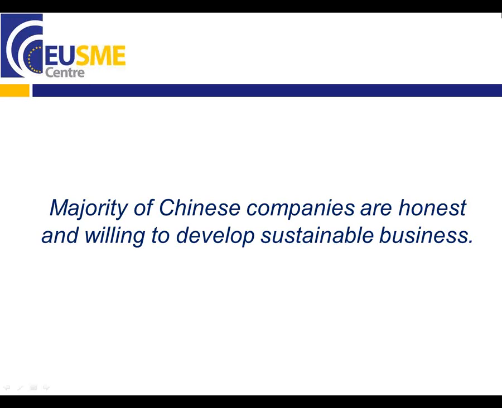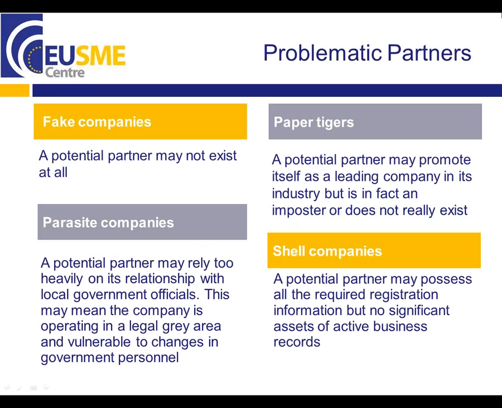disclose their cover. Here you can see four of the most often types of problematic partners. They are either fake companies. It means that the company does not legally exist at all, it's not registered, it does not have any business license. Simply some person or group of people get together and try to take advantage of an inexperienced businessman from Europe or any other country.